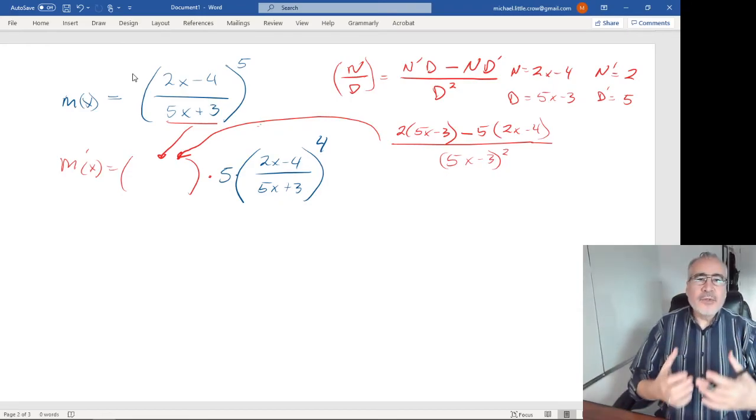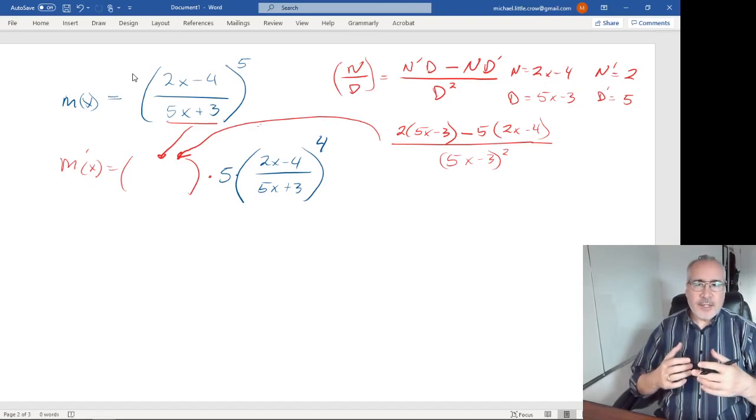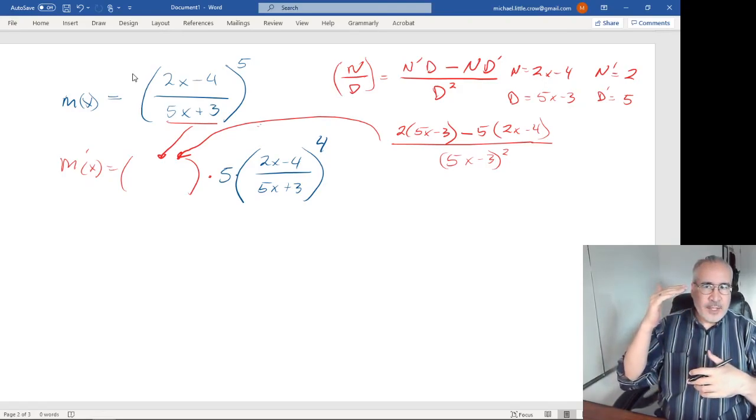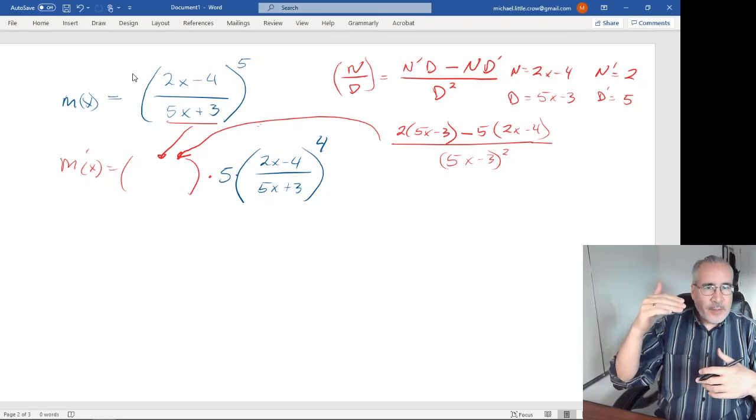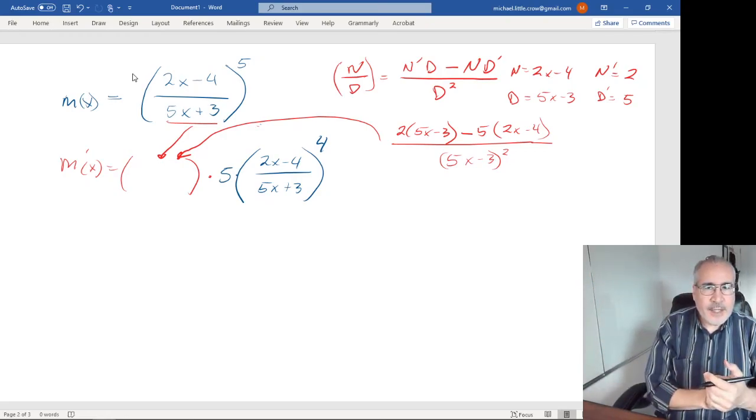And if we have to use this, just as we use the function to come up with input and output values, we will analyze it with a graphing calculator.